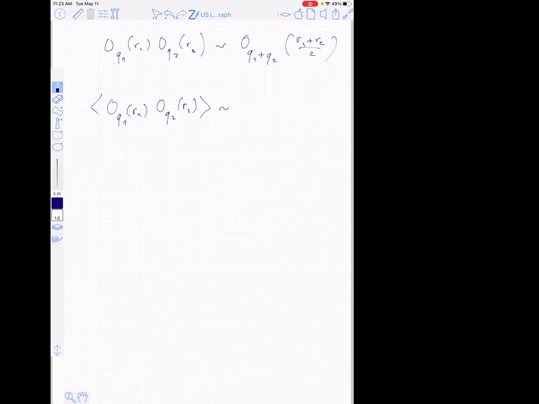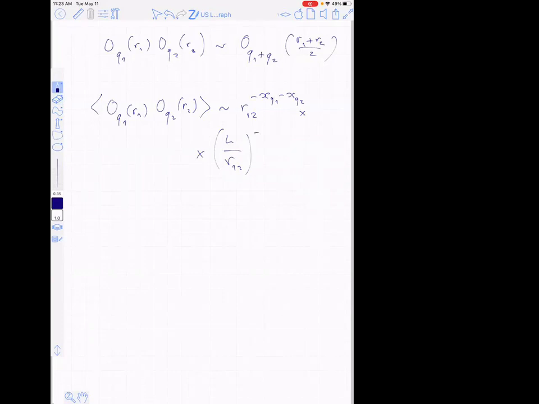So the end result of this argument is that it gives you behavior of the following type. So this may be microscopic scale involved in the first factor. I don't want to write it down.